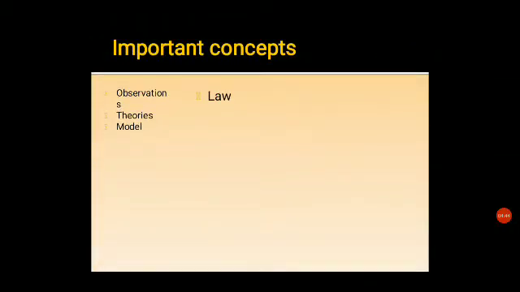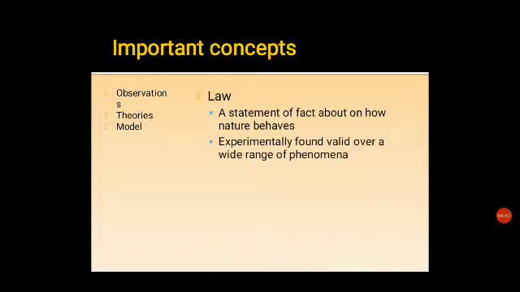The next is law. Law is a statement of fact on how nature behaves. These are experimentally proven, just like Newton's laws of motion and the universal law of gravitation. These are experimentally valid over a wide range of phenomena.